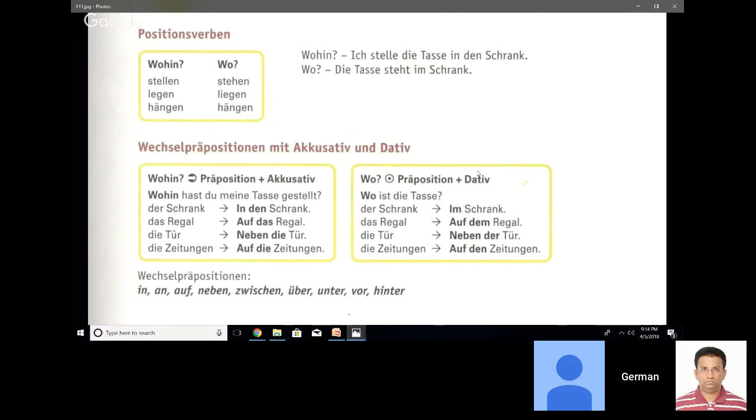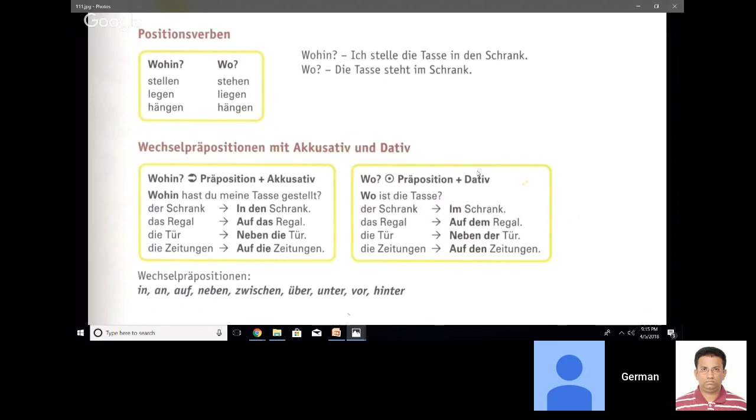We do not have to learn these verbs, as when we practice we'll get to know which verb would take which case, because the question that we are using for accusative over here is wohin. Okay, wohin means where to. If there is some action involved or if there is a doer in the sentence, it then answers the question wohin, or where to. Then we understand that it is accusative case.